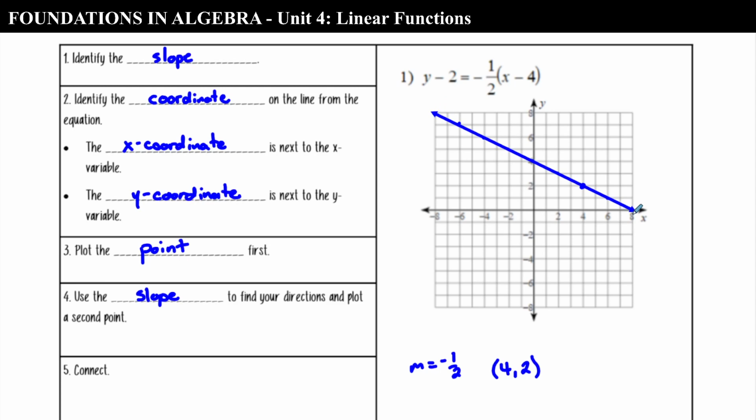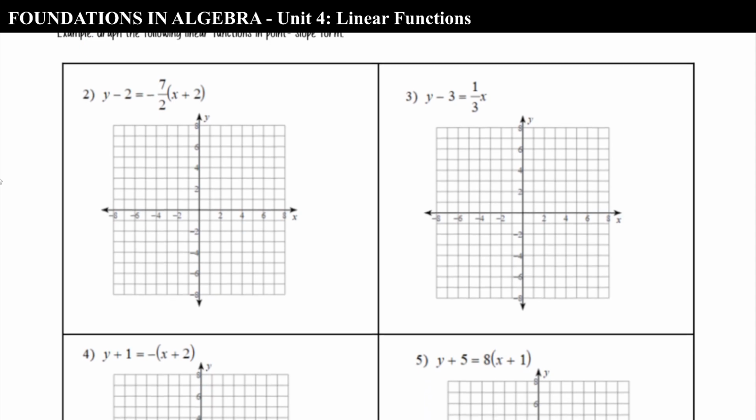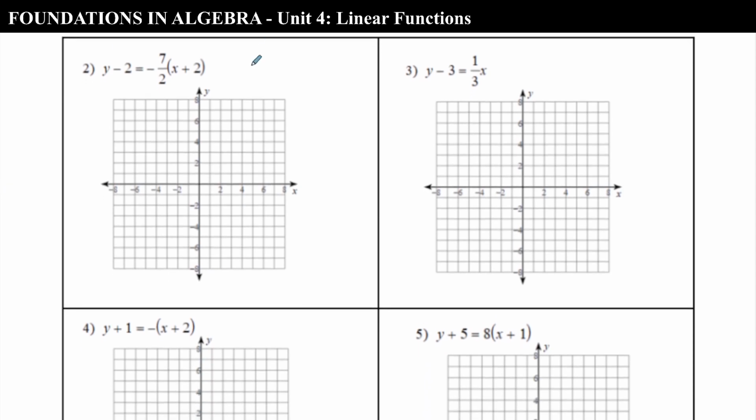All right, so now that we have an idea of how this works, let's do a few examples using point-slope form. So for number 2 here, our slope is going to be negative 7/2, and our point is going to be negative 2, 2, because this is the same as saying minus negative 2, which is plus 2.